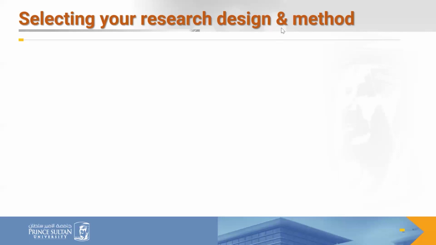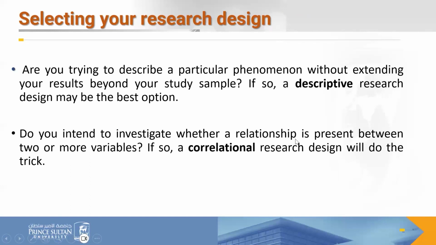All right, so let's now go for the research design and methods. Of course, there are different research designs. Maybe you are only describing a particular phenomenon, so it will be descriptive. Maybe you are investigating a relationship between two or more variables, so it will be correlational.